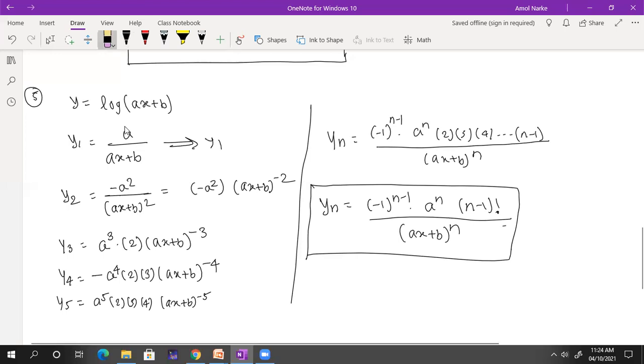Okay. Clean and clear, everyone. Write down this formula for logs. Can we go for the next one? One minute, sir.